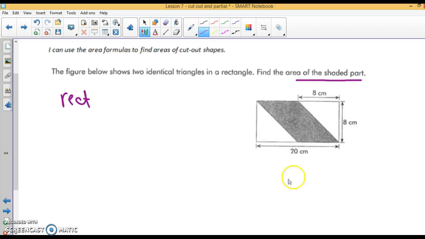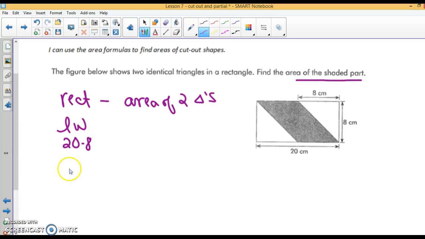So if I have the area of the rectangle and I subtract out the two triangles, I'll be left with that gray. So area of the rectangle minus area of two triangles. Let's use our formula. Area of the rectangle is going to be length times width. The area of the rectangle is 20 times 8, which is 160. Minus.